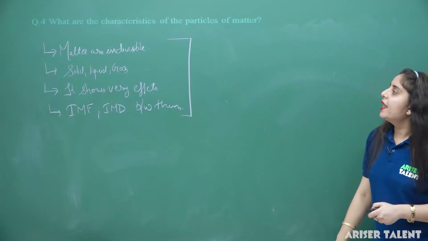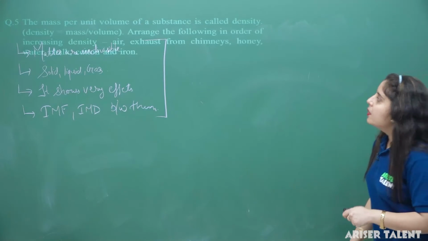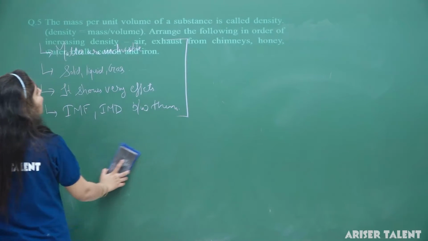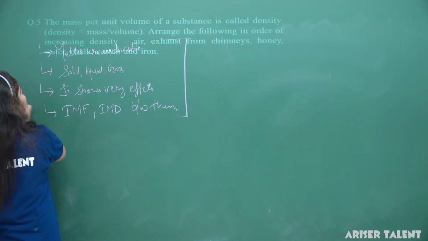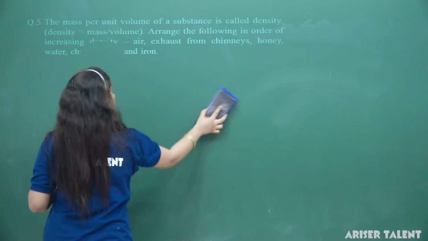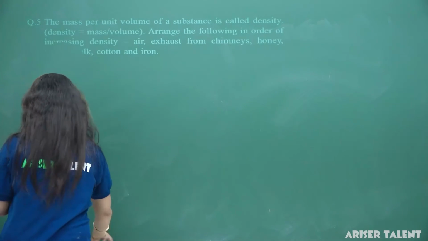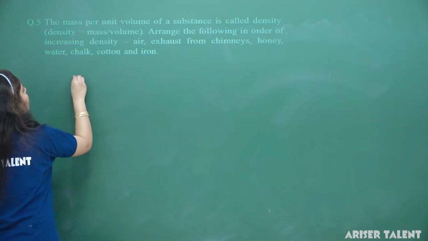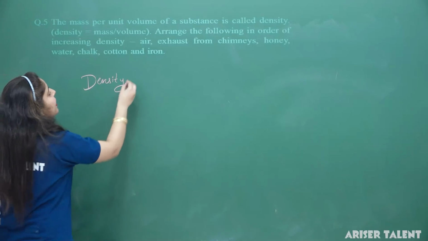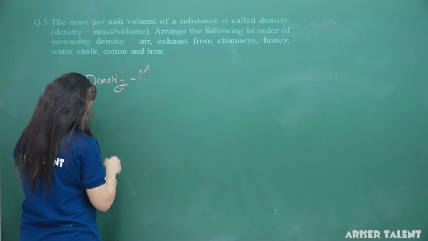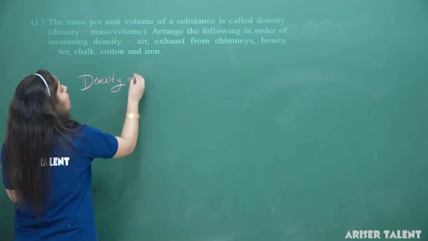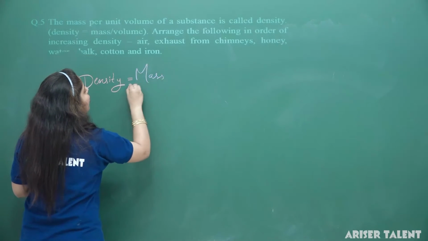Now coming to our next question, problem number 5. The mass per unit volume of a substance is called density. Arrange the following in increasing order of their density. We have a formula for density: mass upon volume.